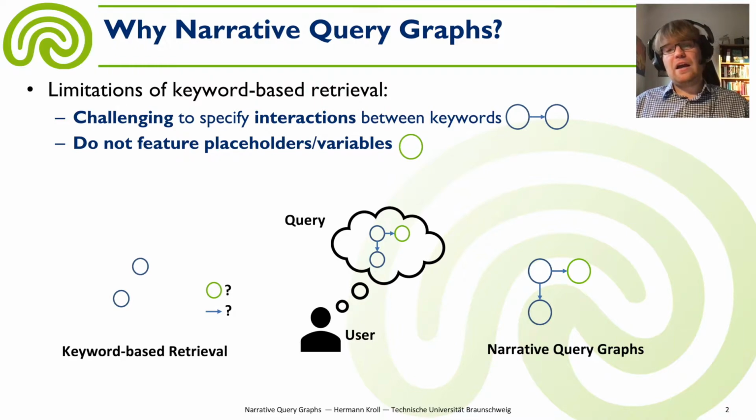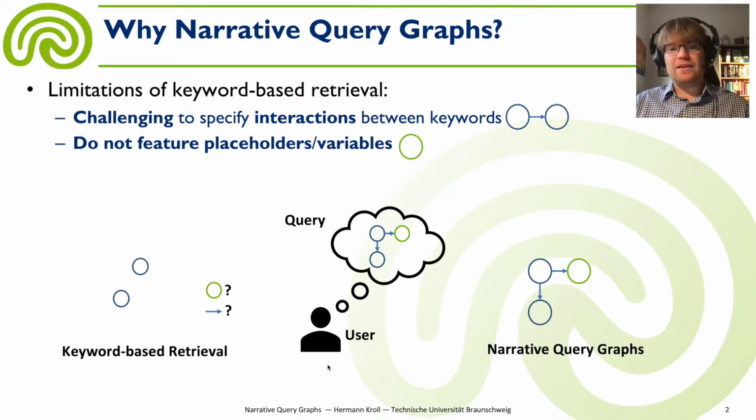And then, in addition, it might be very beneficial for you to generate literature overviews. Let's say you are not interested in a specific disease, you want to have an overview about the literature, which diseases are treated by some drug or something like that, then you would need a variable or placeholder, and this is usually not supported by keyword-based retrieval.